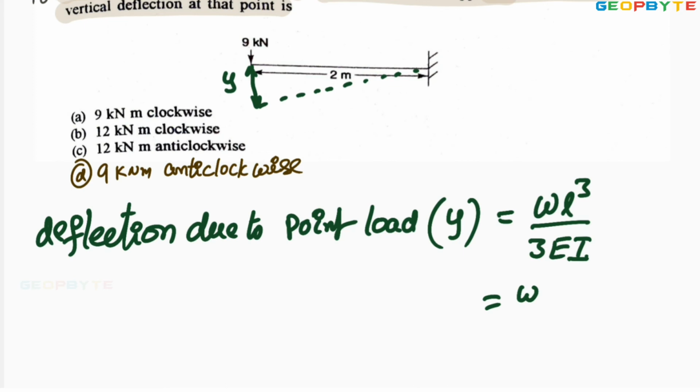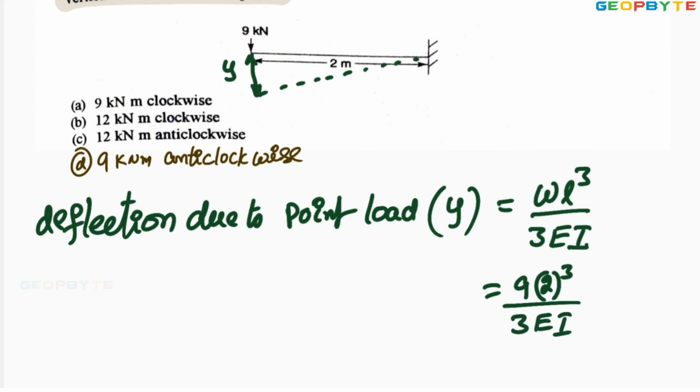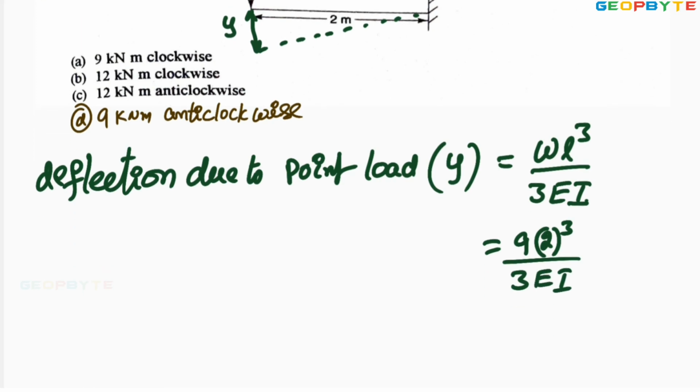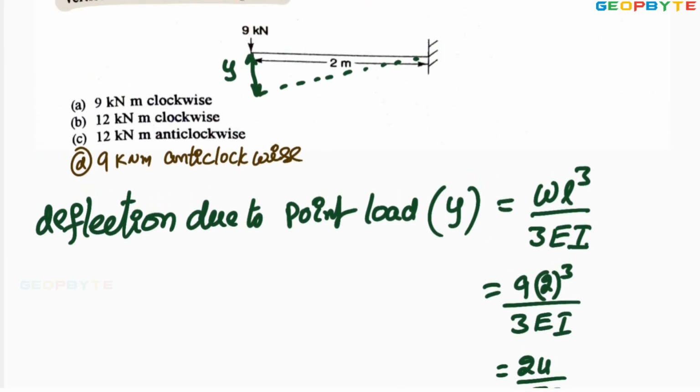W equal to 9, L equal to 2, so 9 into 2 cube divided by 3 into E into I. Simplify this value: 8 into 9 by 3 is 24 by EI. That is the deflection at the free end.